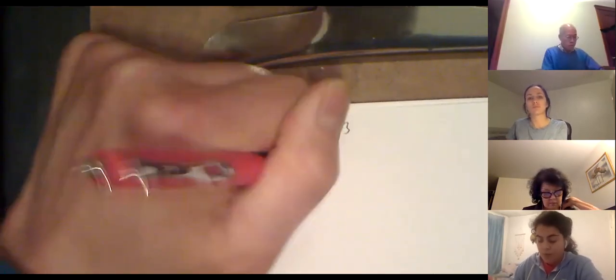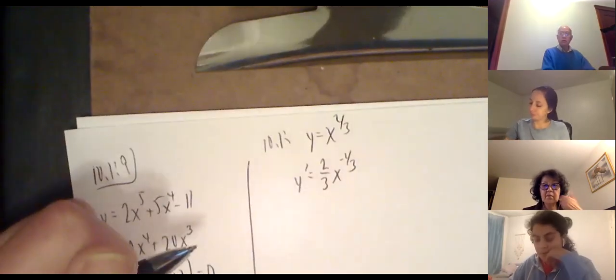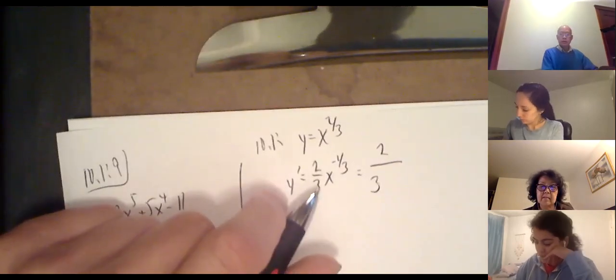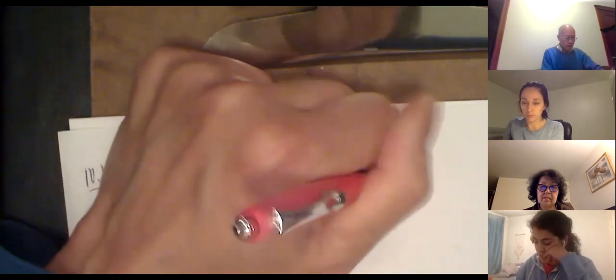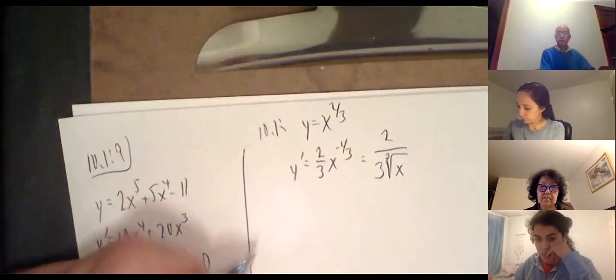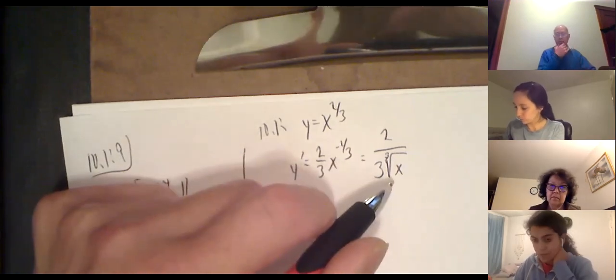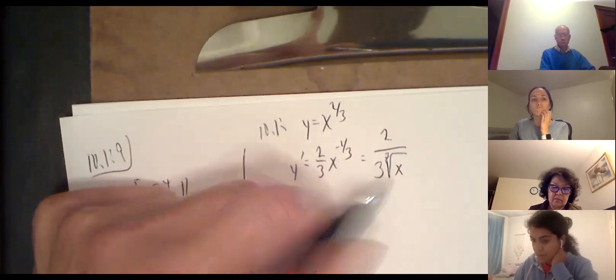Okay, so y prime is 2/3 x to the -1/3, which is 2/3 cube root of x in the denominator. Now x equals 0 is a critical number because I'm not even allowed to plug in 0 here.